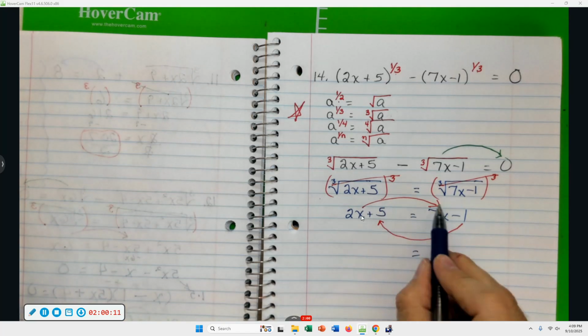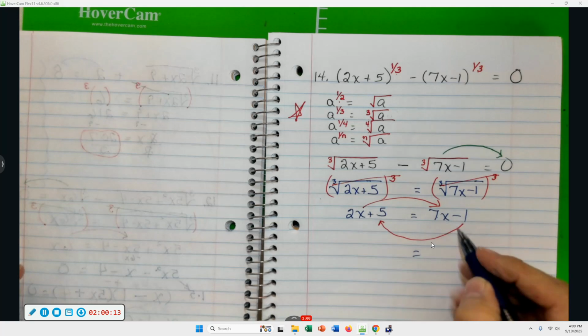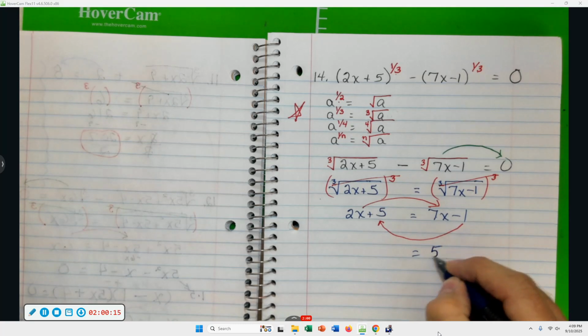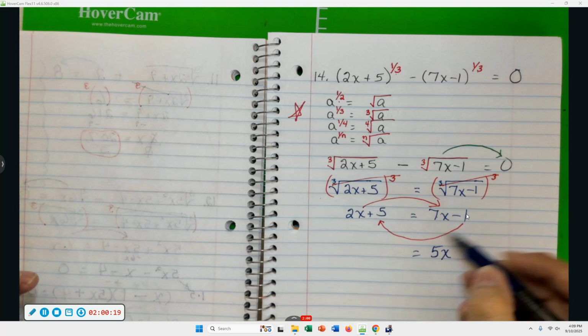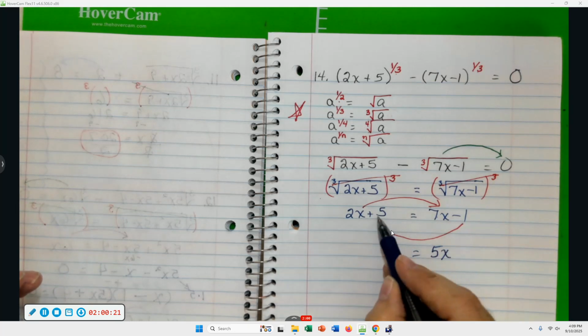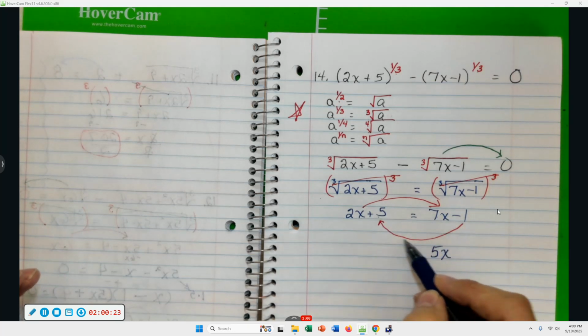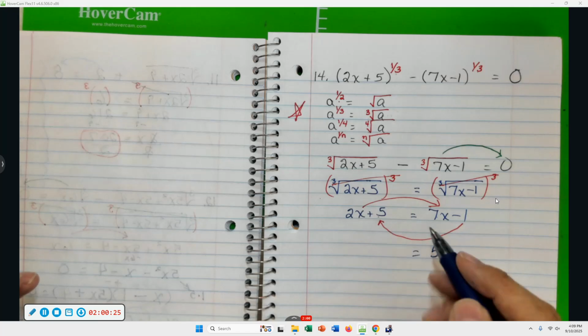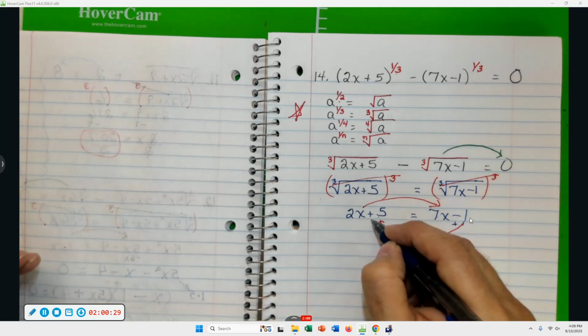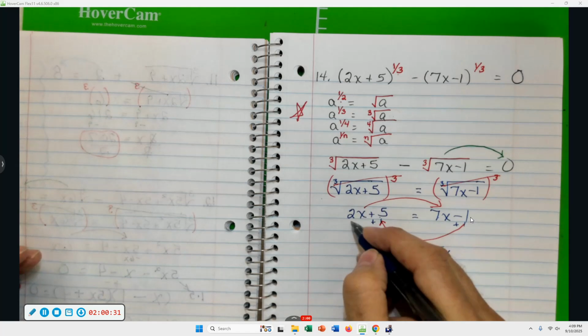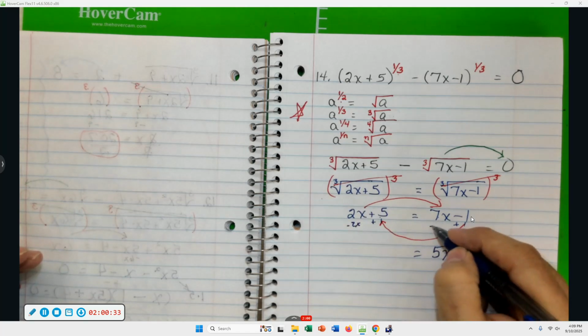7x minus 2x. That's giving me a 5x on the right. And what am I going to have over here on the left? 5 plus 1, not minus 1, plus 1. I'm adding 1 to both sides. Heck, I could have done it like that, subtracting 2x.